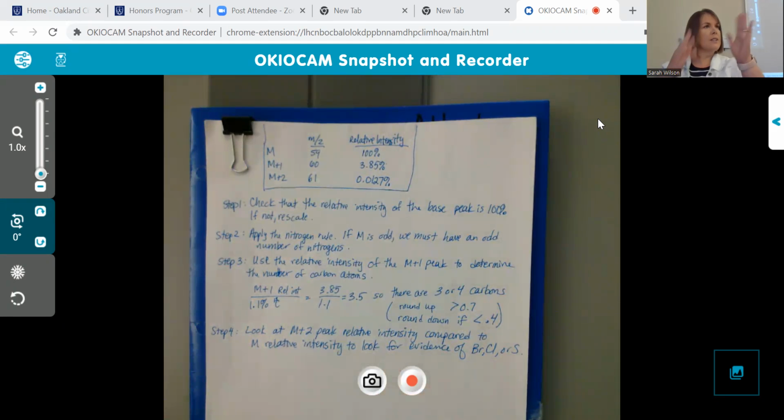They'd be 50-50, the same intensity. Very good. What if it was chlorine? 3-to-1. And if it's sulfur, it would be about 4%. But 0.0127 is a whole lot less than 4%, so there's no evidence of bromine, chlorine, or sulfur. We don't see a 1-to-1 ratio, a 3-to-1 ratio, or a 96-to-4 ratio.